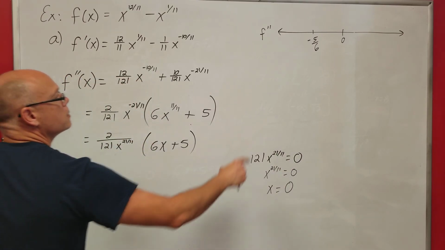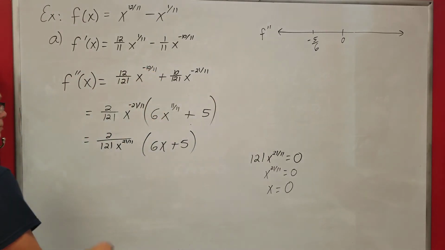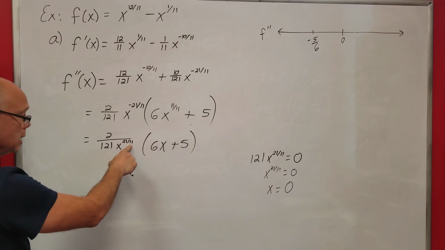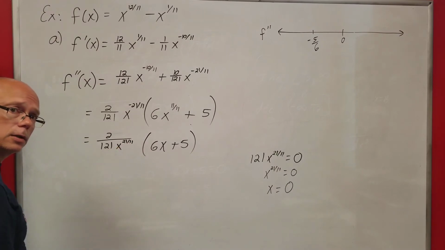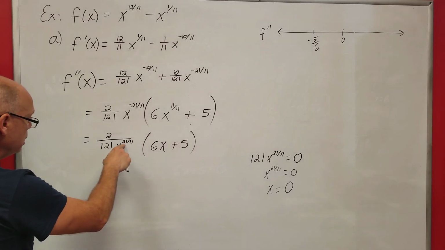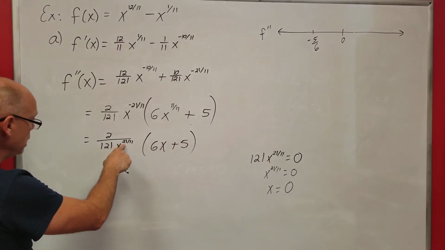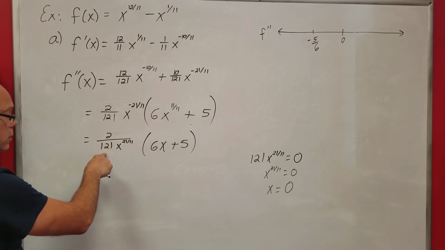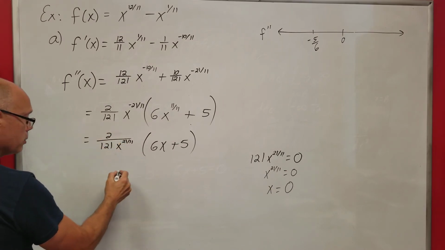Let's pick a test value over here, how about negative 1? Remember, this is the 11th root of x to the 21st. The 11th root of negative 1 is a negative. A negative raised to the 21st power is a negative. And negative times 121 is negative. 2 divided by negative gives me a negative.